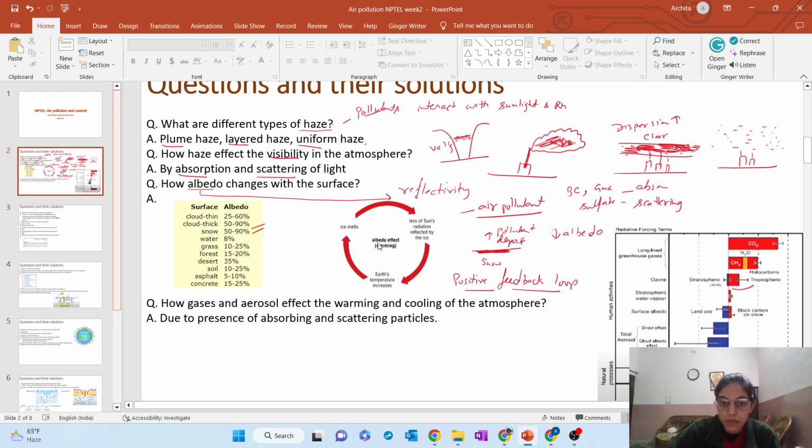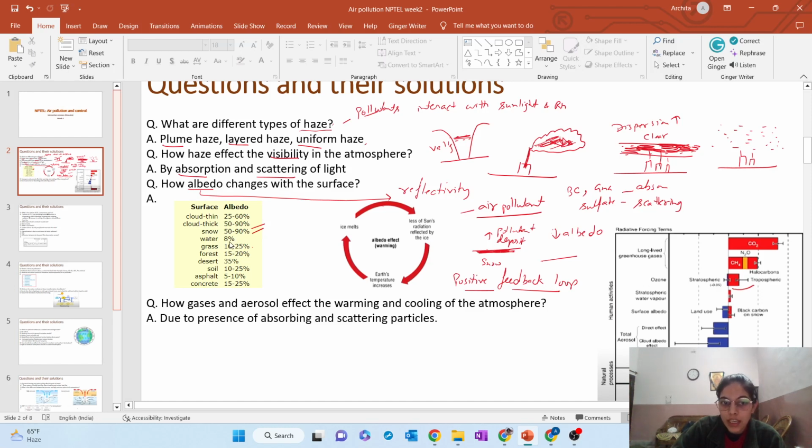So if the albedo decreases, what does the surface become? Generally snow is deposited on either land, water or grass. Water has 8% albedo, grass has 10%, forest has 15%.